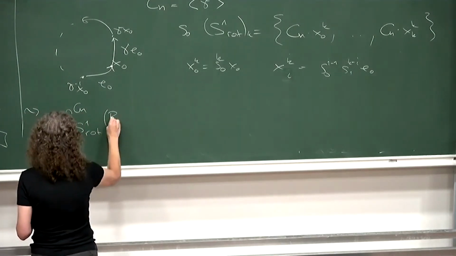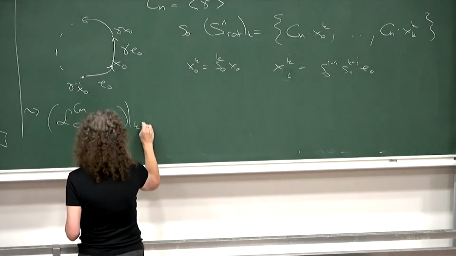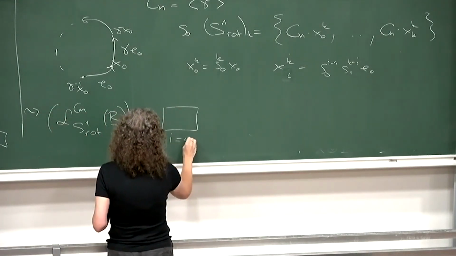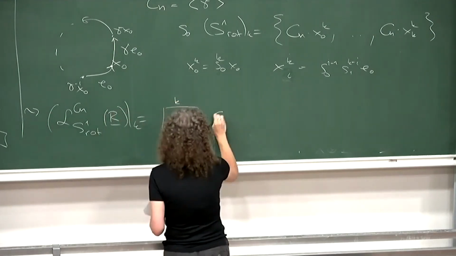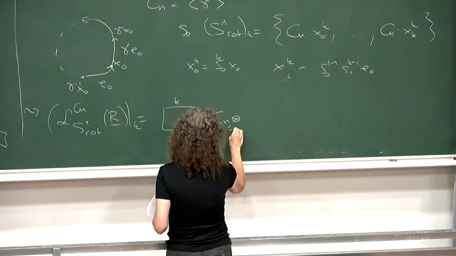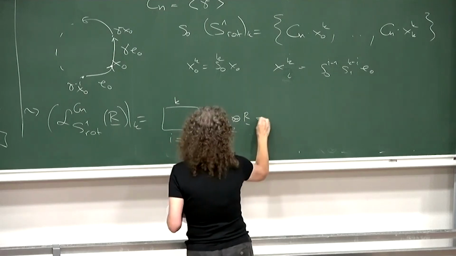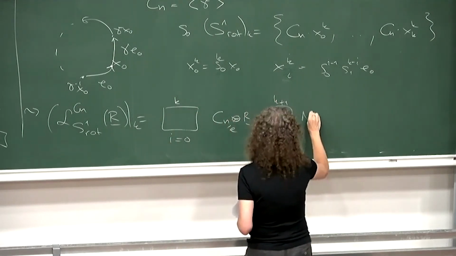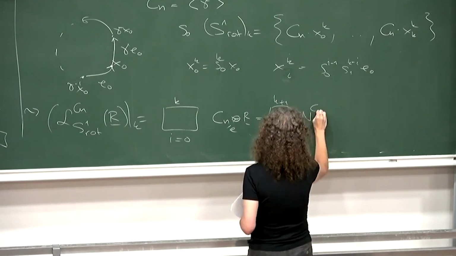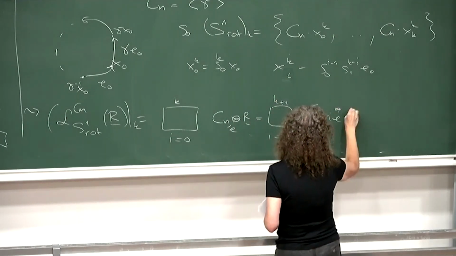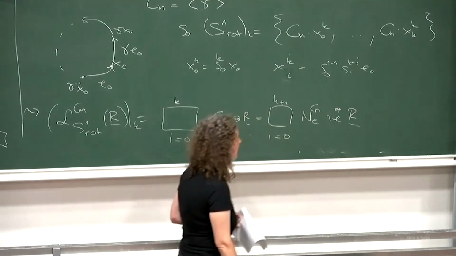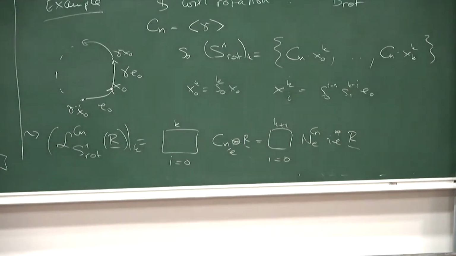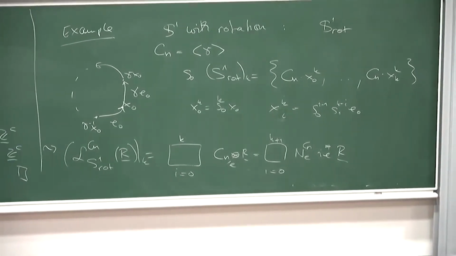So if I evaluate this in simplicial degree k, I get i from 0 to k, and I get Cn mod e tensor R. So I get k plus 1 copies of norm restriction of R. And the face maps are almost as in the Hochschild complex.